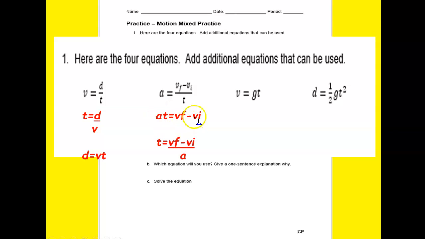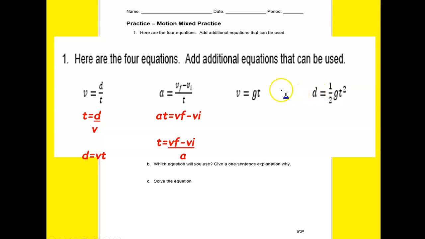Again, here I have that formula that you would make when you're solving for one of your velocities when given acceleration. If you're solving for time and you're given your two velocities and your acceleration, you would use this formula. For these two formulas, when you hear the word fall in your problem, you know it's a free fall where you know the value of g, which I did not actually post here, but it will be later on in the problem.